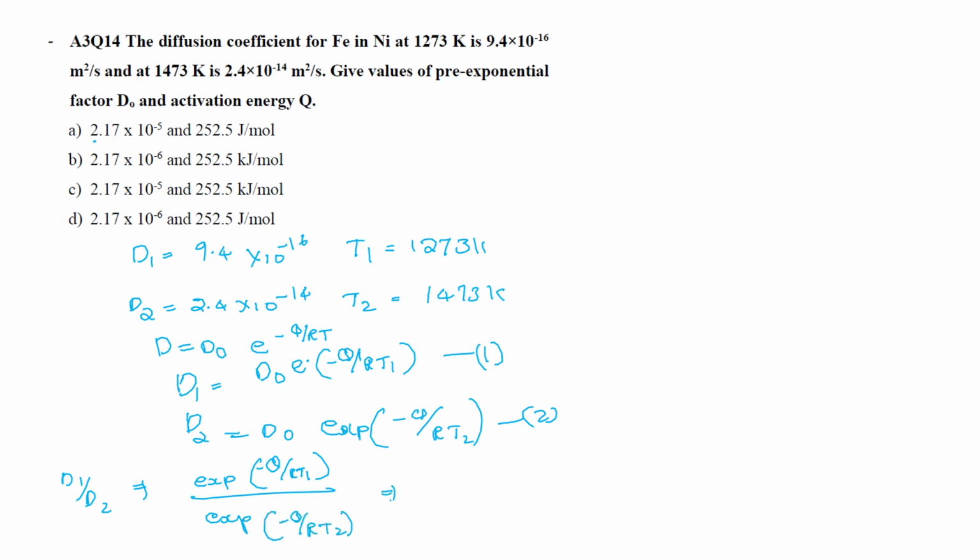Now you can take natural log on both sides, so ln D1 by D2 will be minus Q by R times 1 over T1 minus 1 over T2. Now substitute the values here and find the Q value. Then if you put the Q value in any one of the equations above, you will get the D0 value.